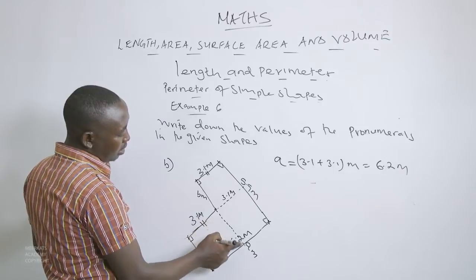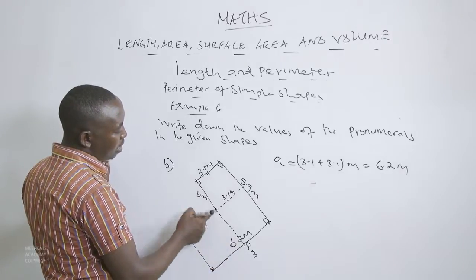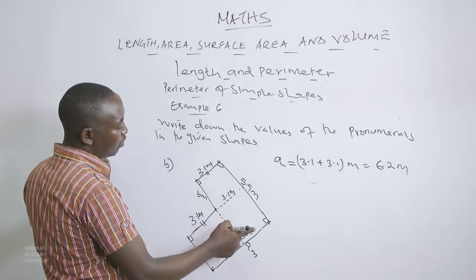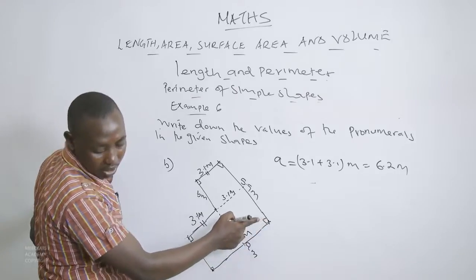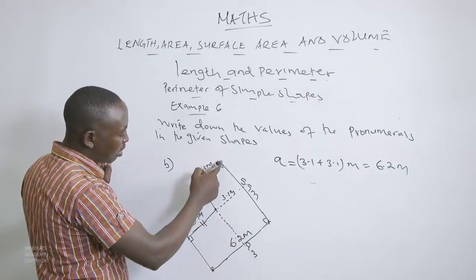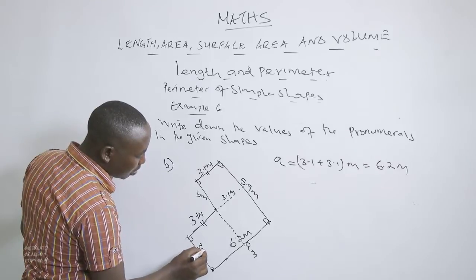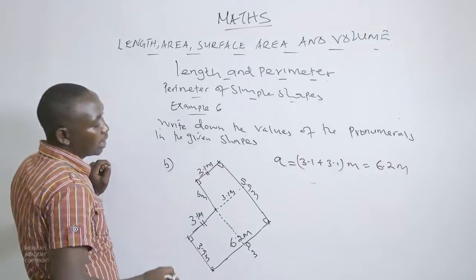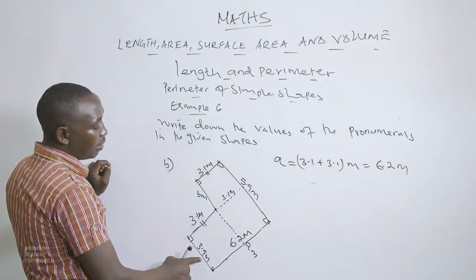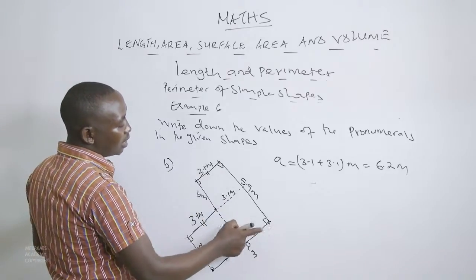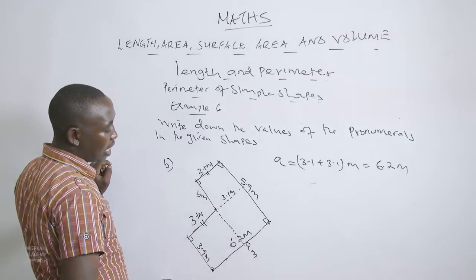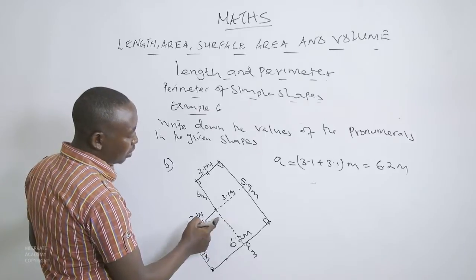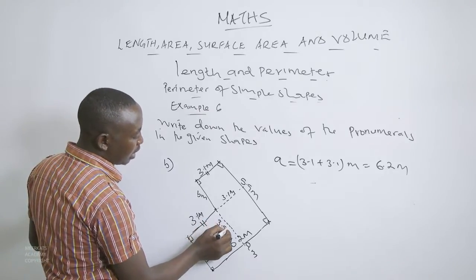Now for part B, the whole of this side from here up to here is equivalent to from this particular point to this particular point. This one we were given to be 3.9 meters. So if this is 3.9 meters and the whole of that is 5.9, that means this point shall also be 3.9 meters.